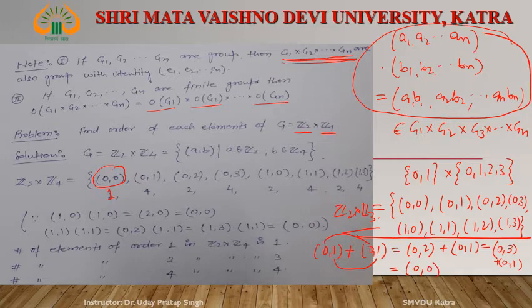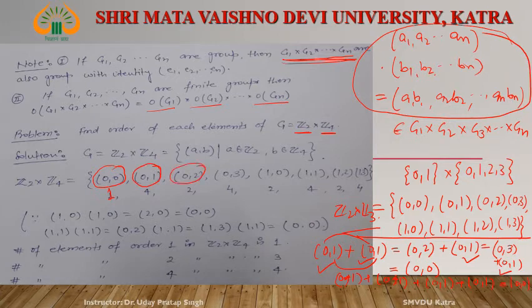It means, how many times did we add this? 1, 2, 3, 4. 4 times. If we add (0,1) four times, then we get (0,0). It means the order of this element is 4.